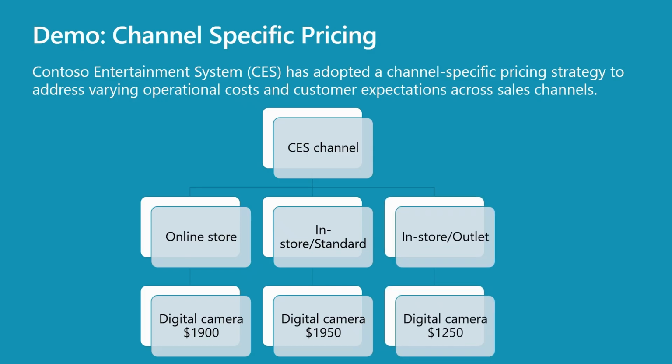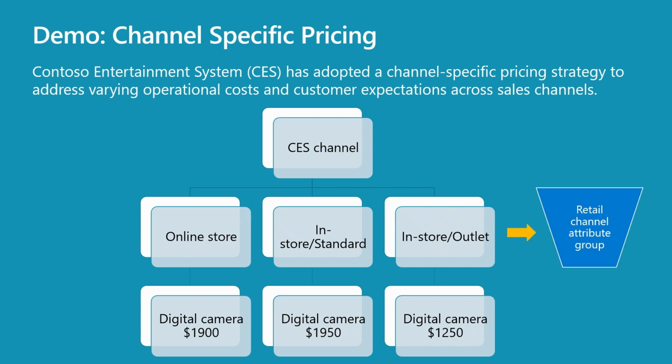In the in-store outlet, the same camera is priced lower at $1,250 for outlet stores due to minor defects in the product. Using unified pricing and the flexibility of price groups, Contoso Entertainment System is able to easily manage these price differences across their channels while keeping the pricing logic consistent.